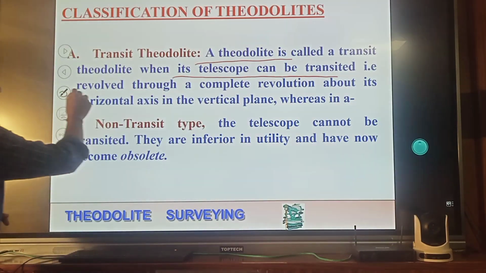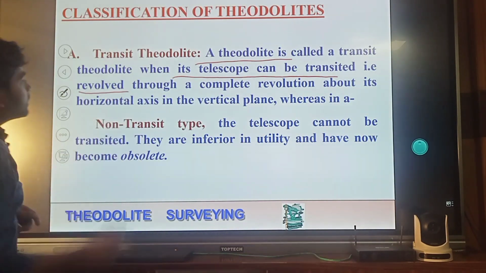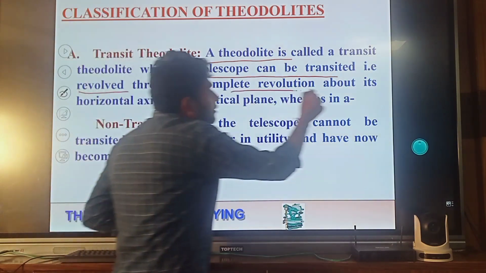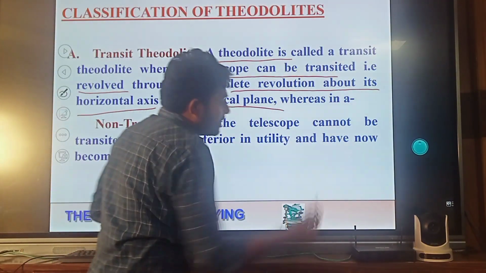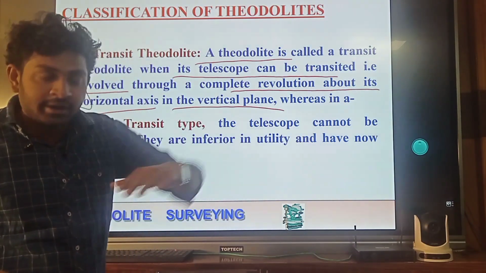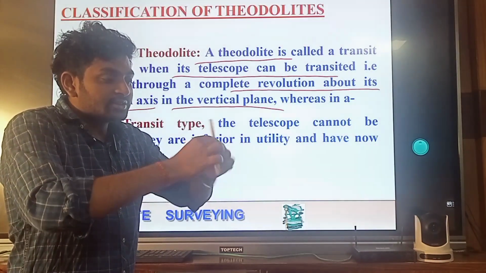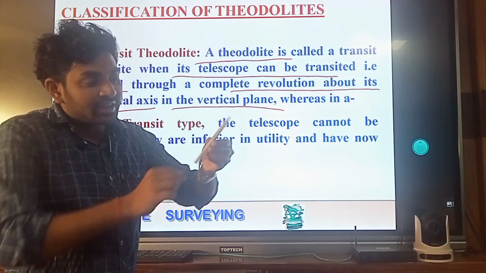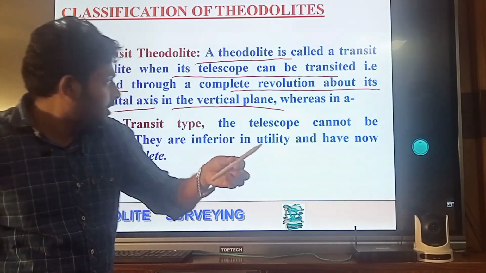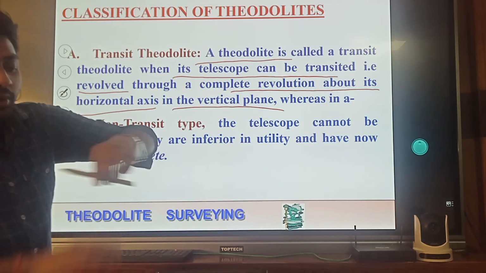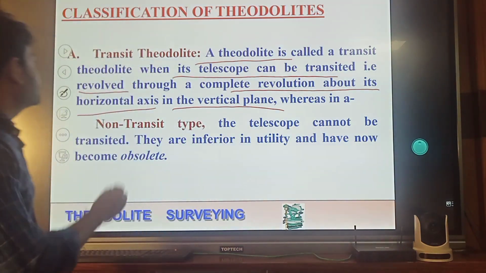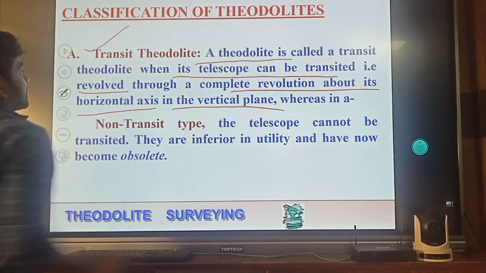It means the telescope can be revolved through a complete revolution about the horizontal axis in the vertical plane. In a vertical plane, the telescope rotates completely about the horizontal axis. This is known as the transit theodolite.